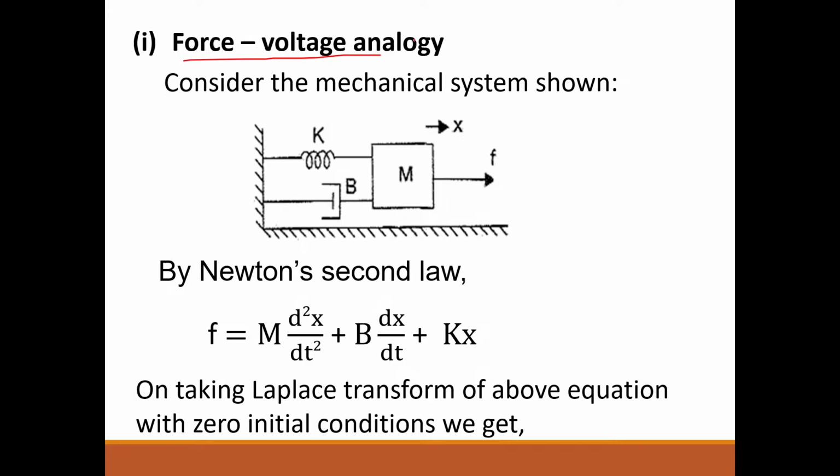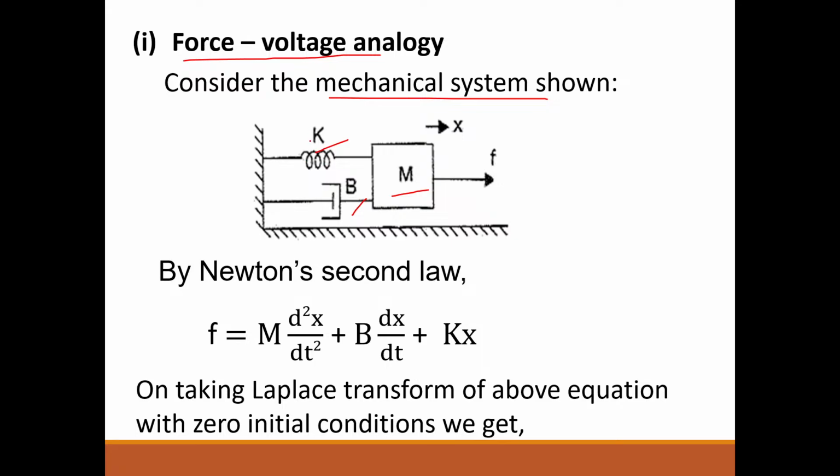Let us first start with the mechanical translational system. We know there are three basic elements of mechanical translational system, which are mass, frictional element, and spring. Here you can see M is the mass and B is the frictional element, that is dashpot.